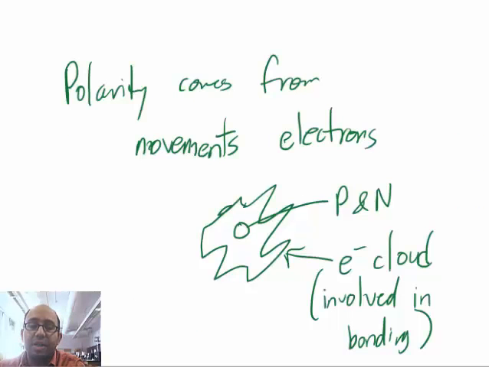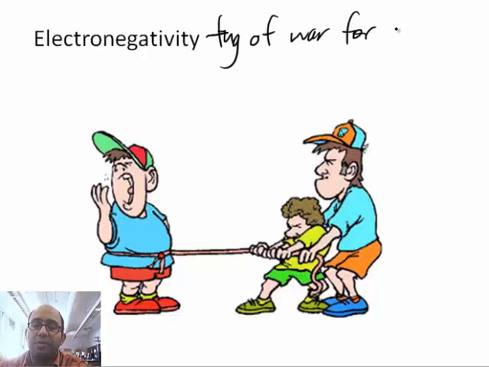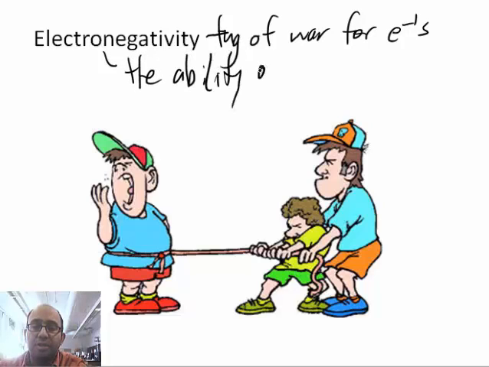An easy analogy to think of on this is electronegativity is a tug of war for electrons. That's not the official definition, but it's an easy way to think about it. The official definition is it's the ability of an atom to attract electrons.